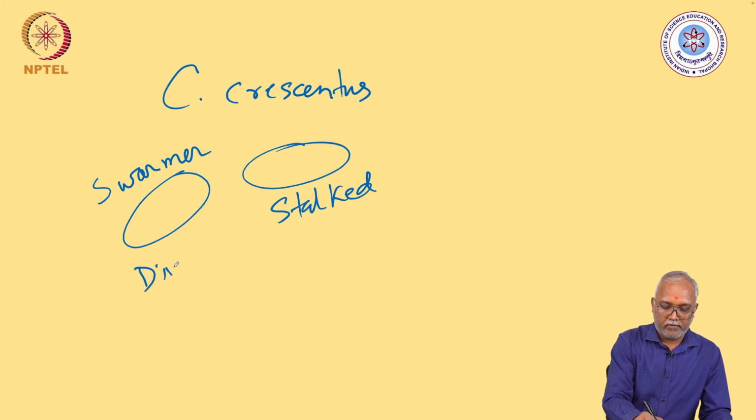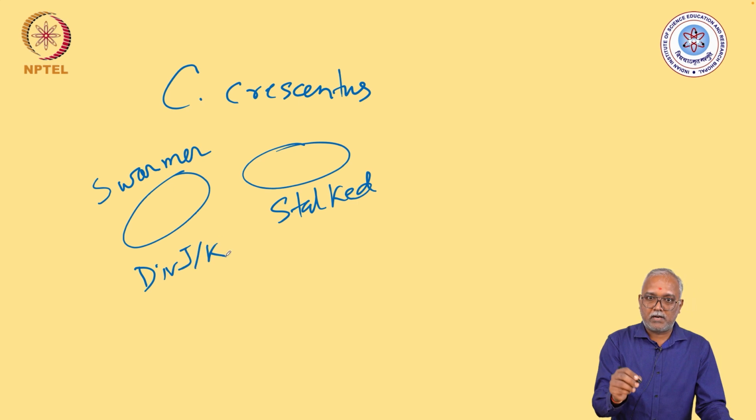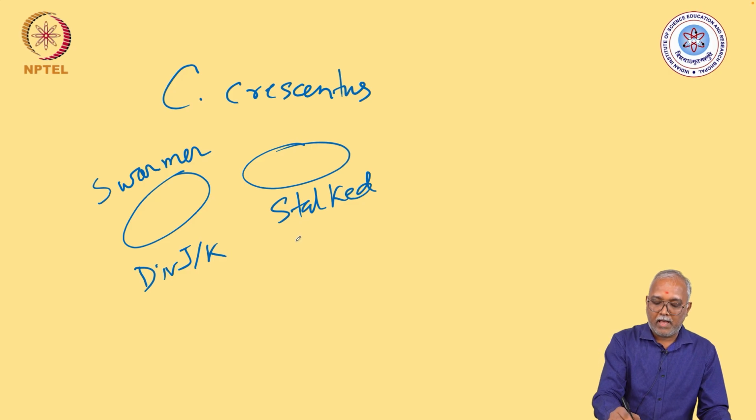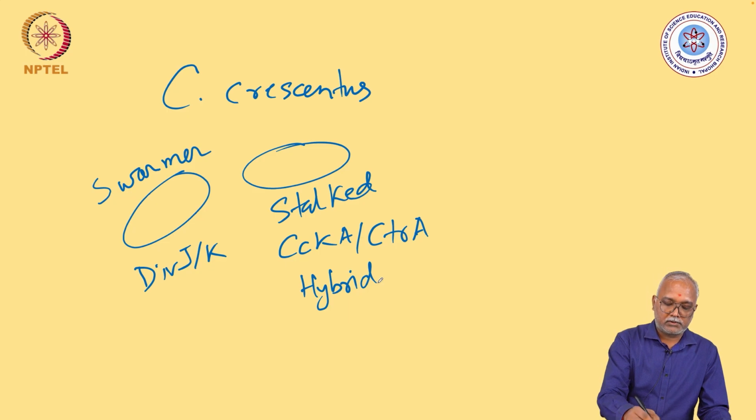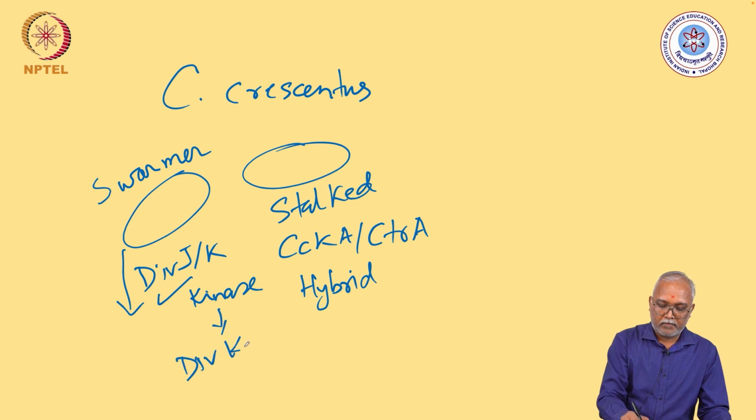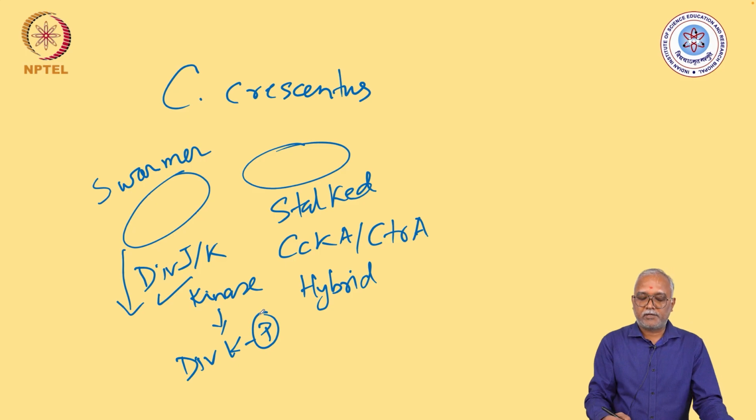So DivJ and DivK as a simple canonical two-component system, and the other one involved CckA and CtrA as a hybrid two-component system, where we noticed that a cell which is going to become a stalked cell has high DivJ activity, which was the kinase phosphorylating DivK, which was the response regulator.